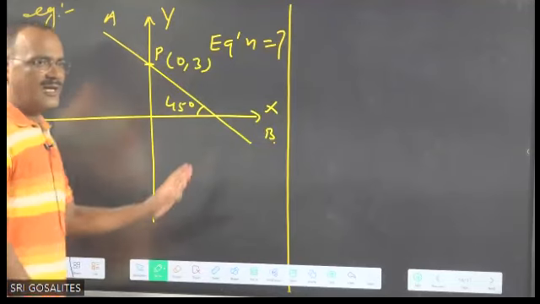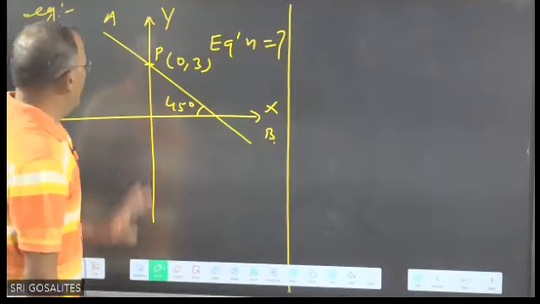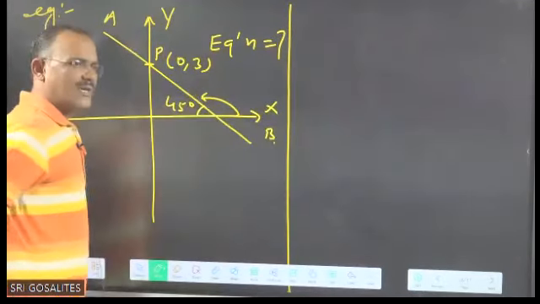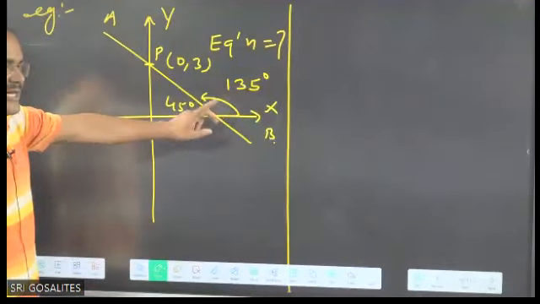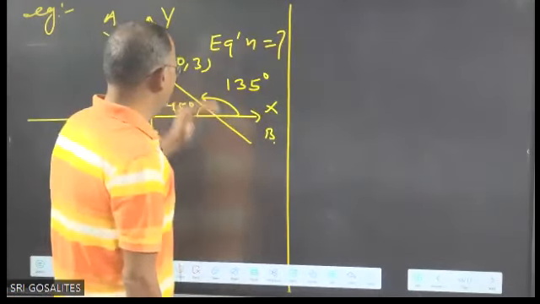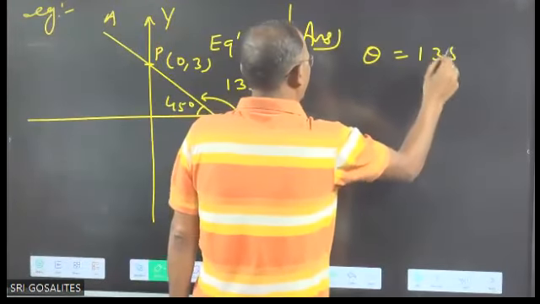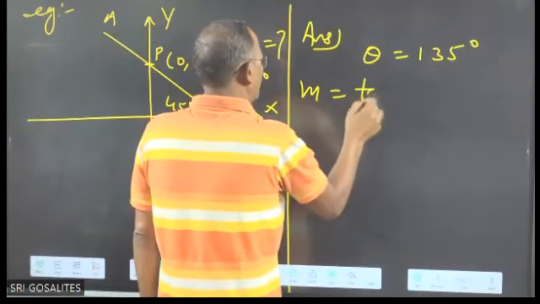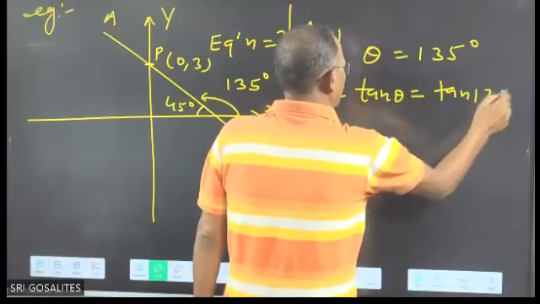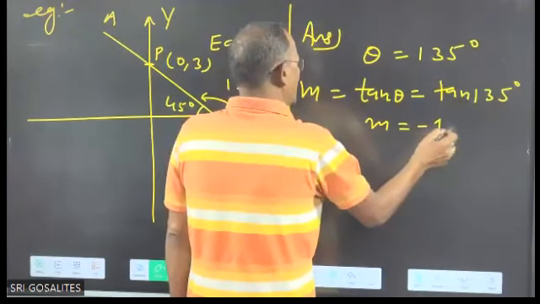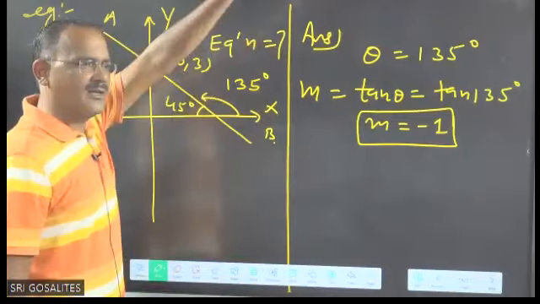So this I am telling you now. How much angle is the line making with the plus x-axis? Because for the slope, we need the angle which the line makes with the plus x-axis. It's 135. So theta is 135. So m is what? tan theta. tan 135 degrees is how much? -1. Is this correct or not? Say yes, sir.